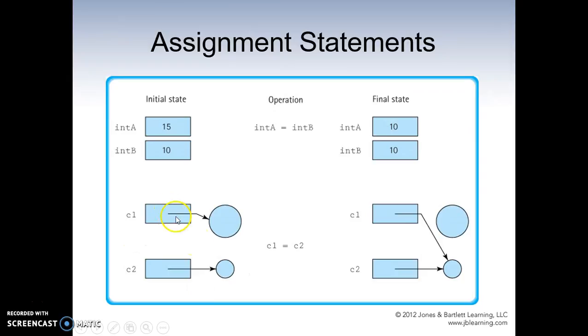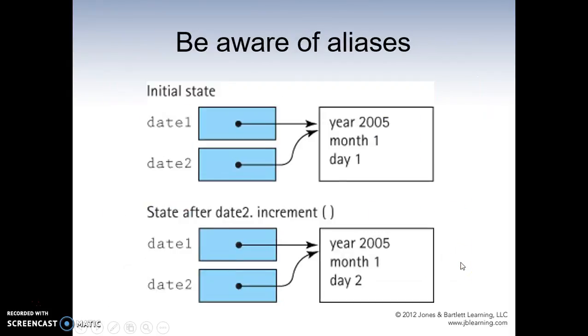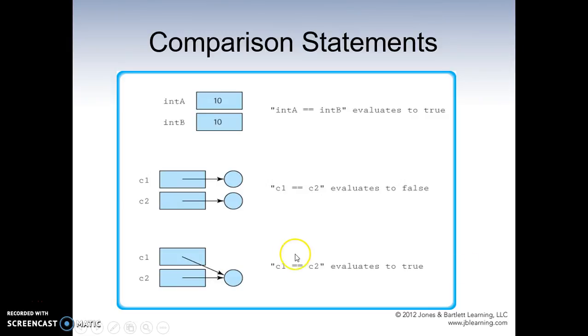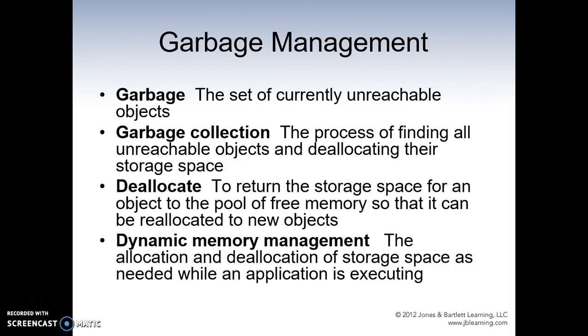But if you look at object C1 pointing to a big circle, C2 a small circle, when it says C1 equals C2, you actually move the pointer to that instead, not the values. So that's why when you're dealing with these references, you have to be careful. That's why we have to do dot equals instead, right, or dot compareTo.